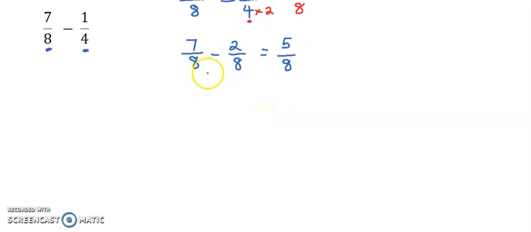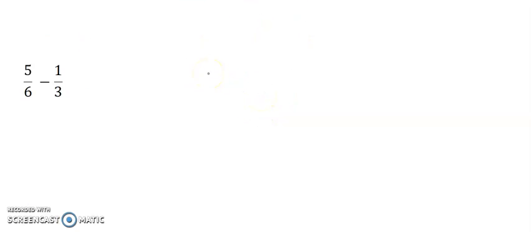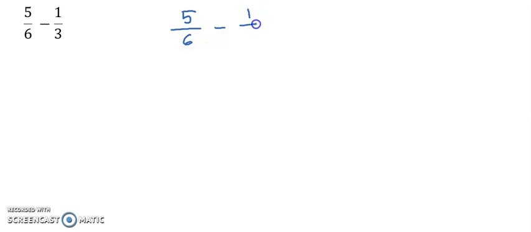The same principle, the same idea that we had in addition, we're now just going to use it for subtraction. All right, so here's one, 5/6 minus 1/3. Try this one for yourself. Pause the video, and when you come back, see if you got it right. All right, now that you've done that, let us work it out together. So we have 5/6 minus 1/3. And we notice that the denominators are not the same.